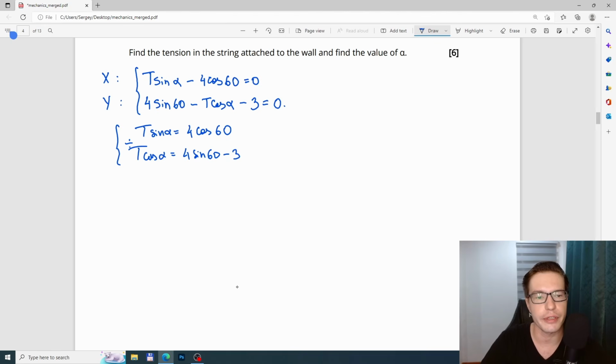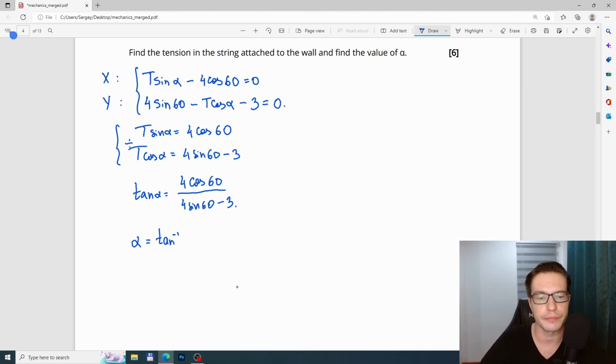So T will cancel out, and sine alpha over cosine alpha is going to be tangent alpha. Now all we have to do is to take the inverse tangent of this fraction. And I got 76.94.